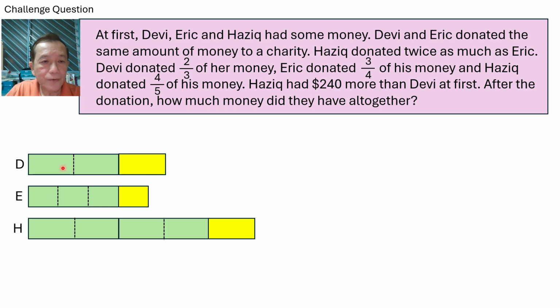We need to do something about them. What can we do? We know that this part equal this part. So we can draw more lines to subdivide further.